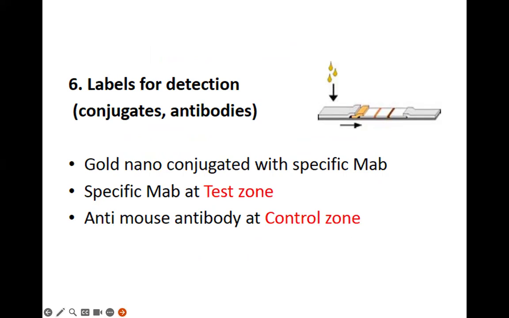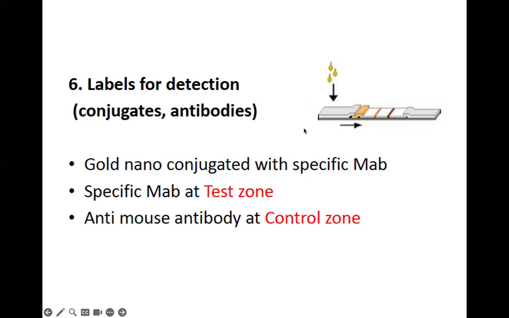So labels for detection. Okay, this one I think the process that you will do is conjugating the nanoparticles, whether it is gold or you're using something else like magnetic nanoparticles, quantum dots, or any fluorescent material nanoparticles with the antibodies.